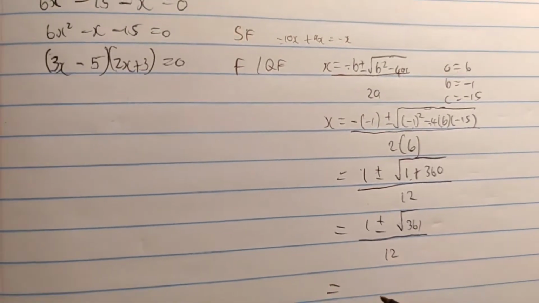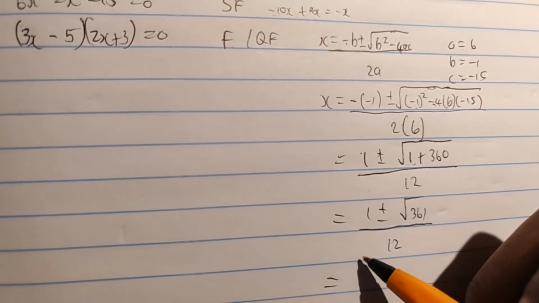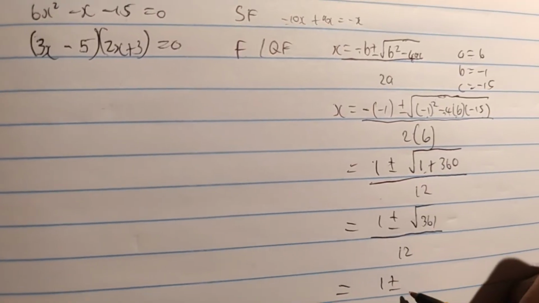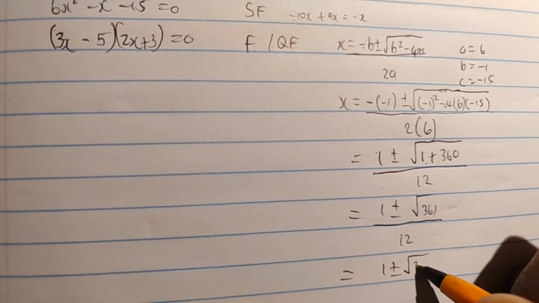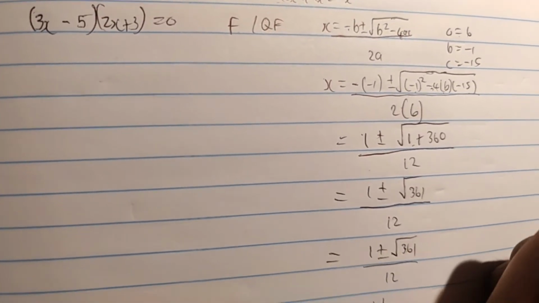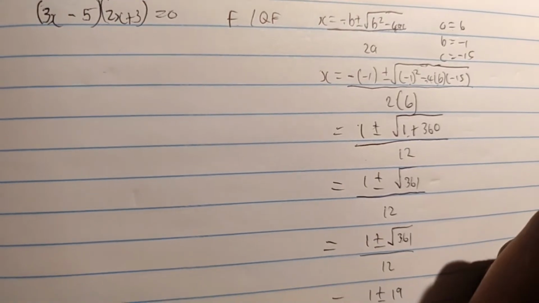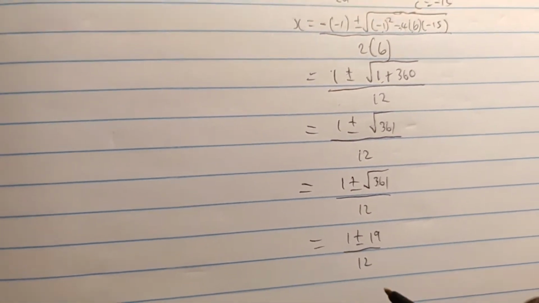Then you can simplify this. Okay, 1 plus minus the square root of 361 over 12, which is the square root of 361 is 19. Two answers.